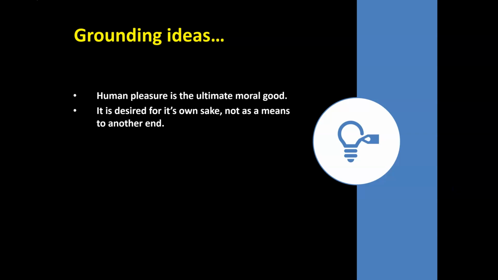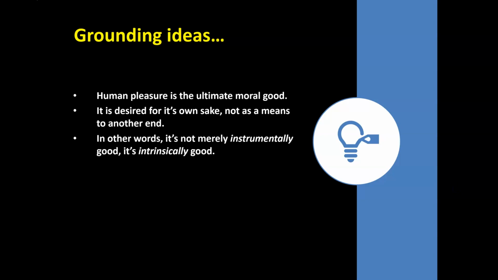Some grounding ideas. Human pleasure, like we just said, is the ultimate moral good, and it's desired for its own sake and not as a means to another end. So in other words, it's not merely instrumentally good, it's intrinsically good.